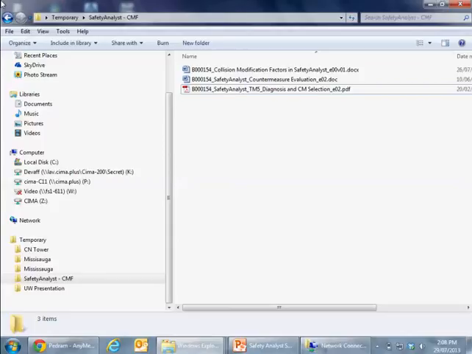It doesn't have any impact on, for example, sideswipe. It has an impact on your angle collisions, as well as probably your rear end collisions. So the collision modification factor is oftentimes associated with the impact type. Okay, so you have a different crash modification factor for each type.